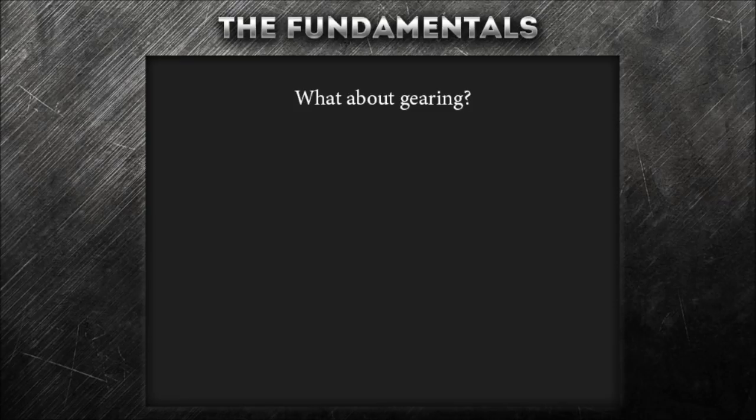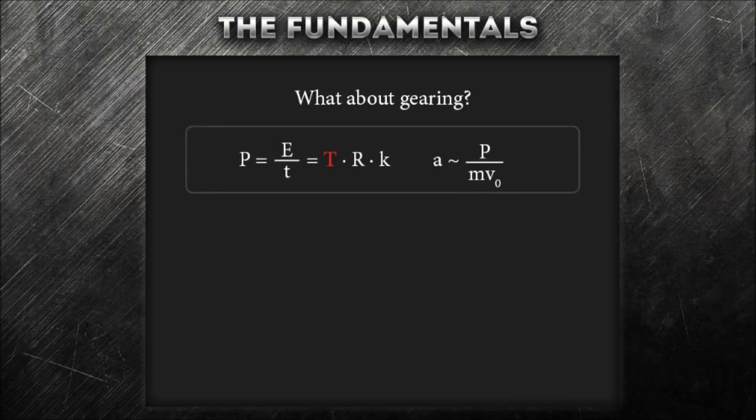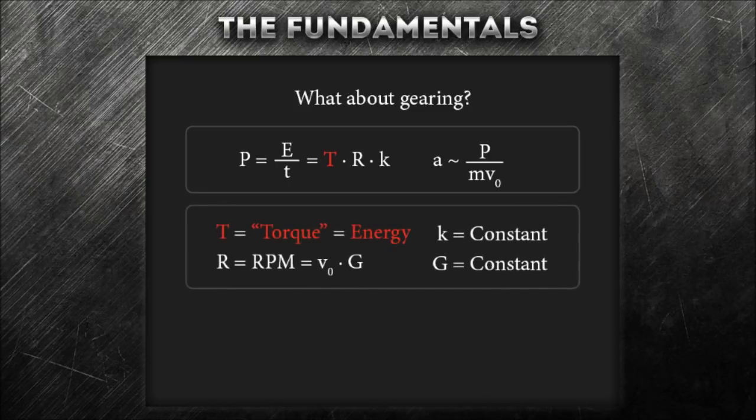Again, you can jump over the technicalities if you want to. Power is energy over time, but in car terms can also be expressed as torque, T, times RPM, here denoted as R, times a constant, here called K. Again, I want to point out that we are talking about torque in the sense of work and energy and not actual torque.